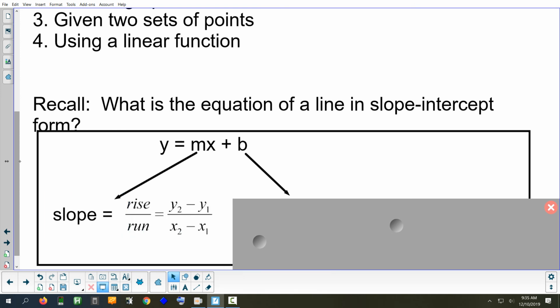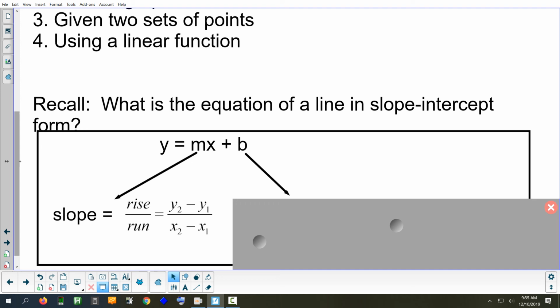The rise goes with the y's. That's how I remember it. It rhymes: rise, y's. So the rise is up and down, and to get that, you subtract your 2 y values: y2 minus y1.